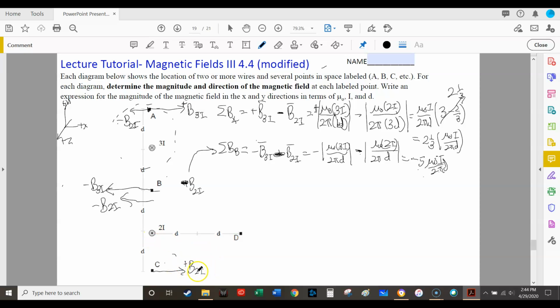Okay. Anywho, let's go back to this. So the 2I wire should be pointed to the right. The 3I wire should be pointed to the left. And it's going to be negative, and it should be really small. It's really far away. And it should be a small guy.